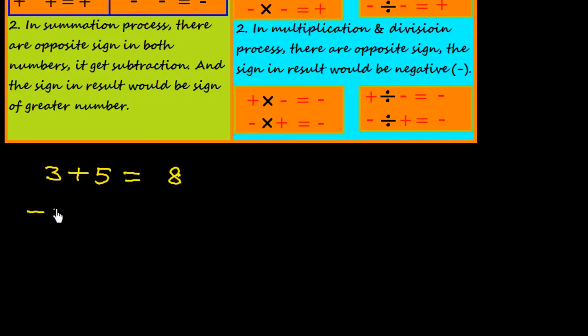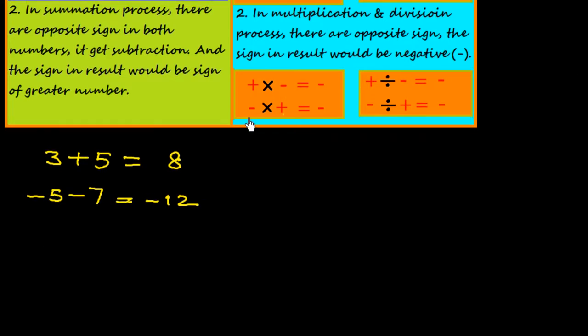If I have minus 5 minus 7, both numbers have the same minus signs, so the operation would be addition, but the sign is negative, so it is minus 12.